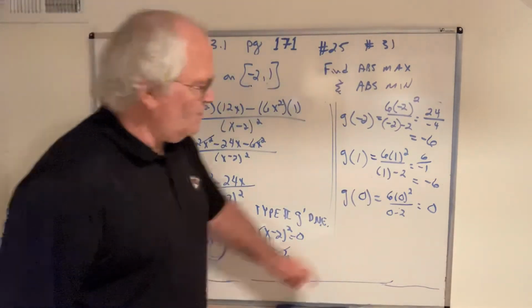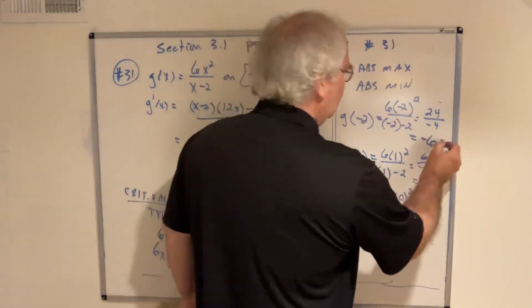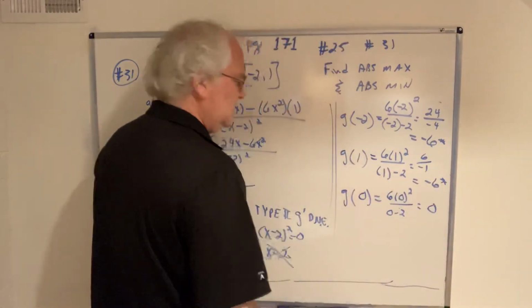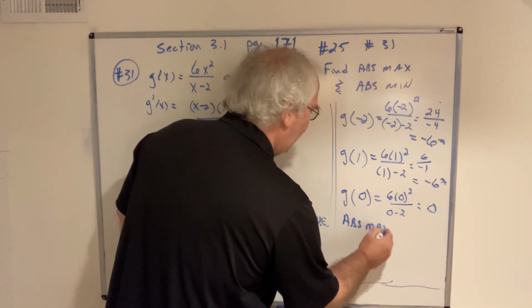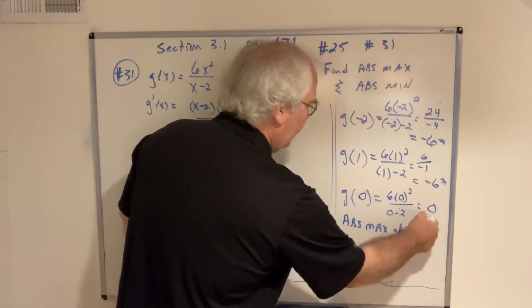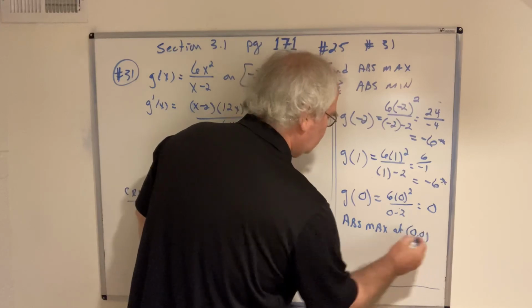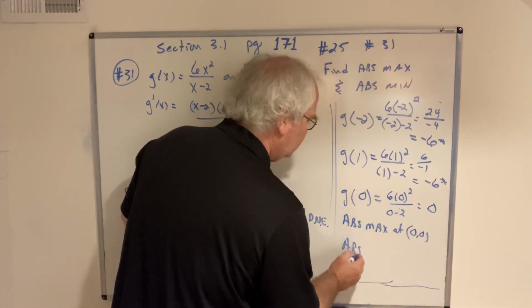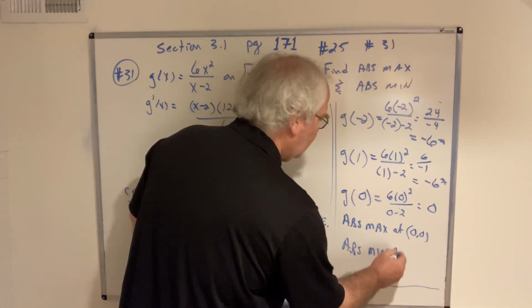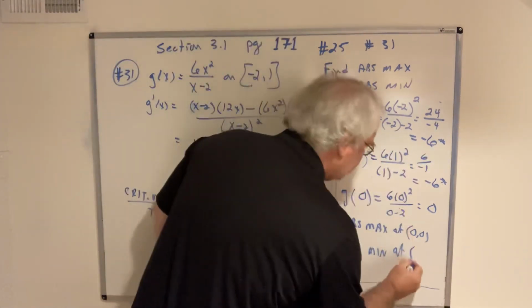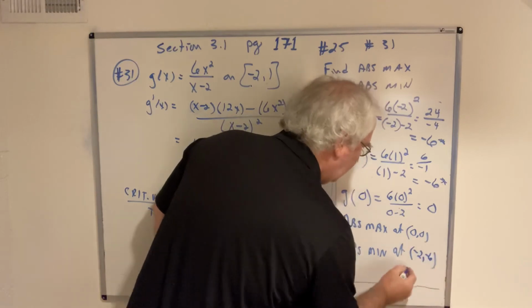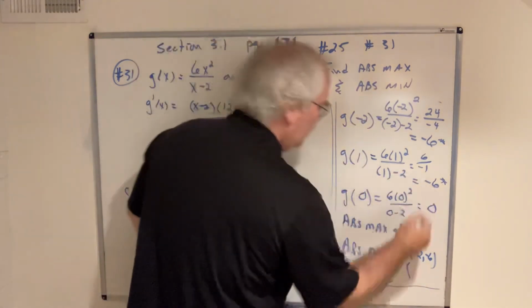So the big one is 0, and the two little ones both tie at -6. So we have an absolute max at 0, 0. We have an absolute minimum at both of these, and we have to list both: -2, -6 and the other one at 1, -6.